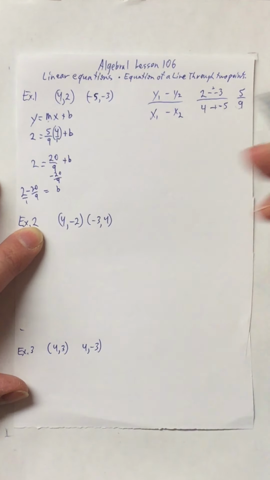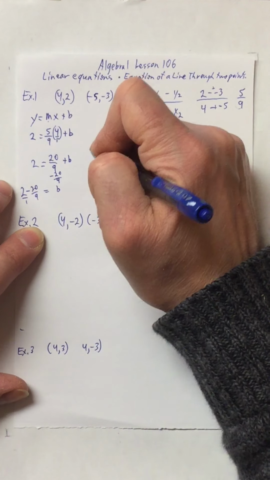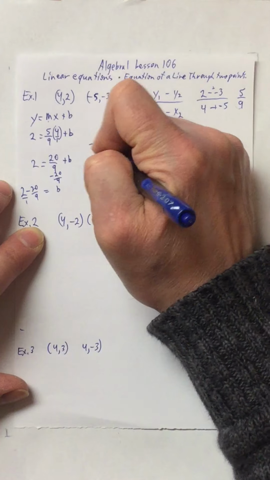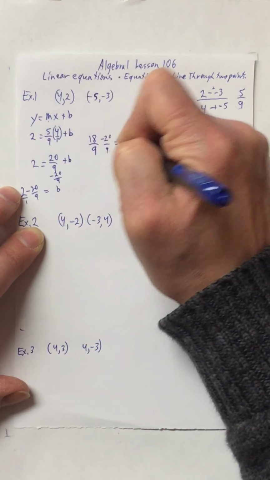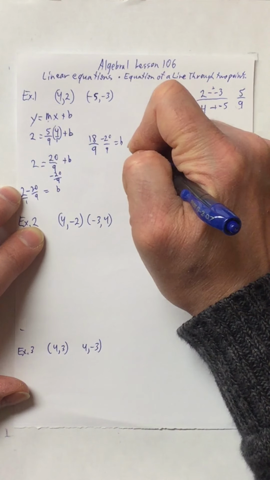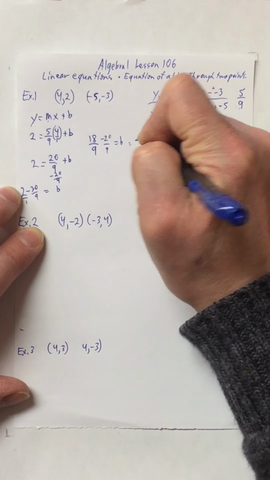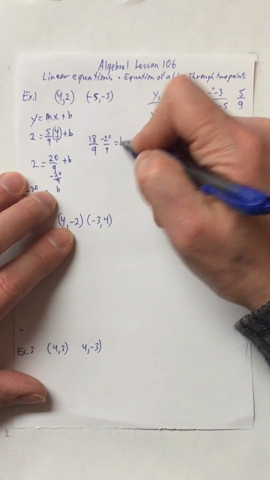I need to get a common denominator. That's going to be 9. So I'm going to rewrite that over here. So if I rewrite that as 9, the 2 is going to become 18. Okay, so 18 minus 20 gives me -2/9. All right, so that now is equal to my intercept.